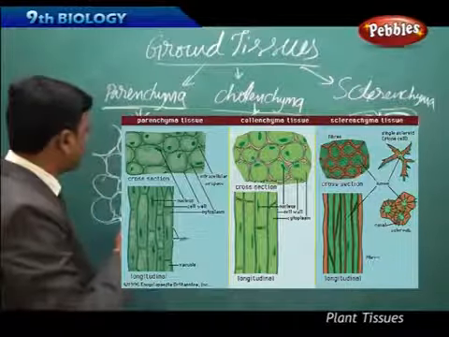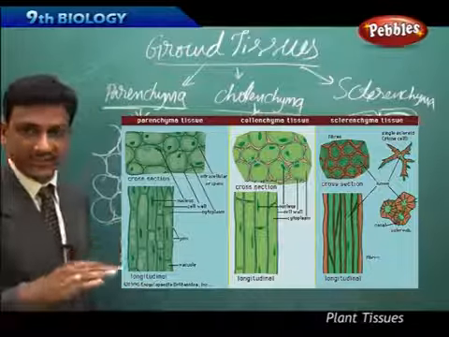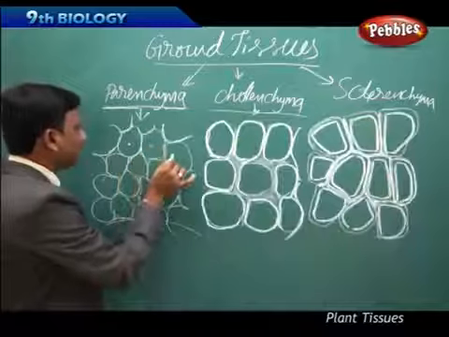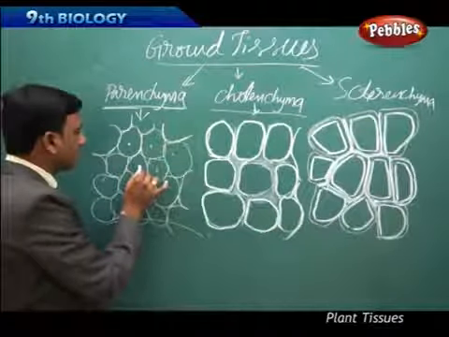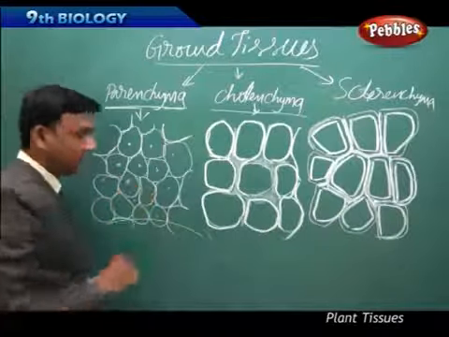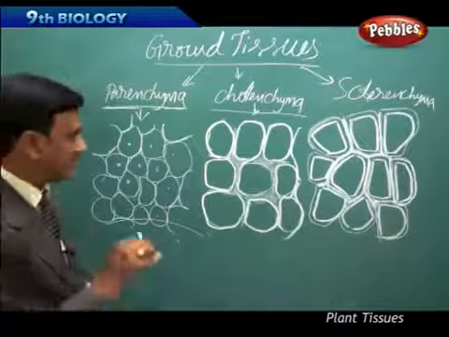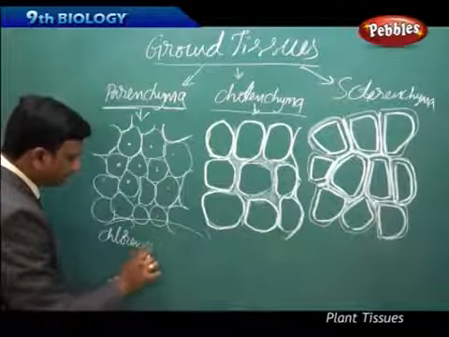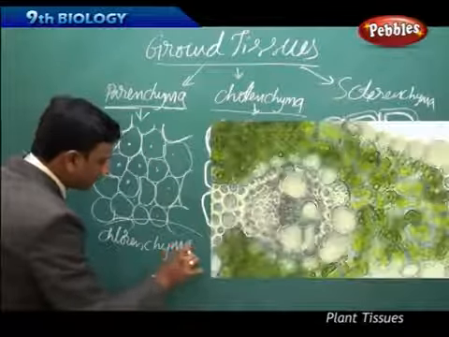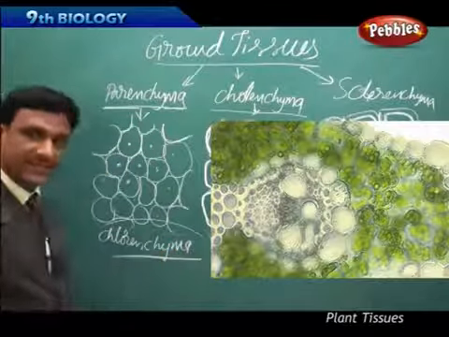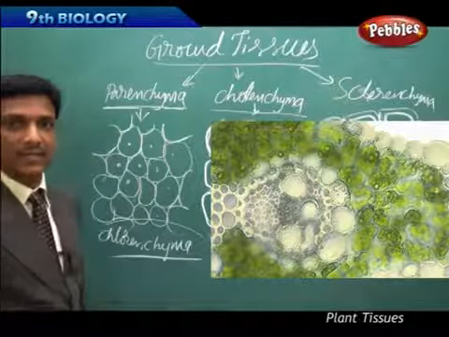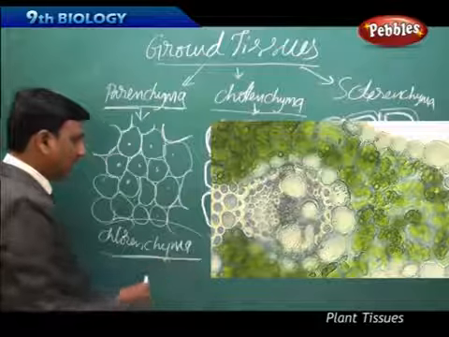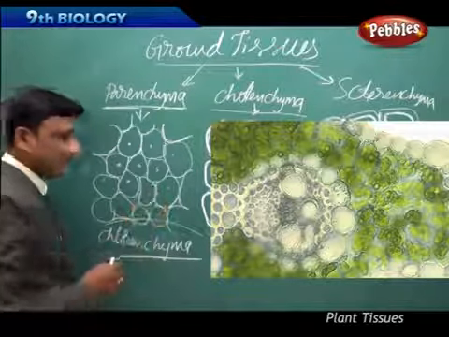Parenchyma cells that are present in the leaf surface contain chloroplast. So photosynthesis takes place in these parenchymatous cells which contain the chloroplast. Such parenchyma is called chlorenchyma: the parenchyma that contains chloroplast and participates in photosynthesis.